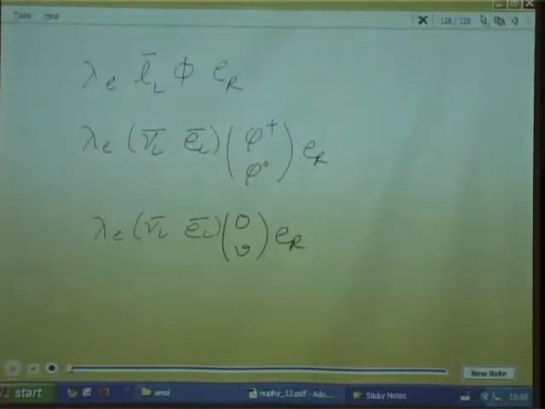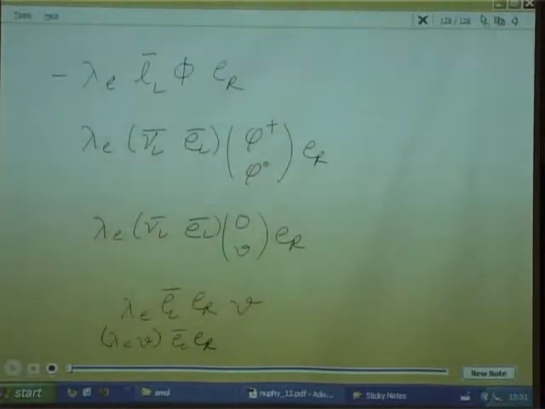So this is equal to lambda E, EL bar, ER. Now V is a number. So this now looks like lambda E times V, EL bar ER.